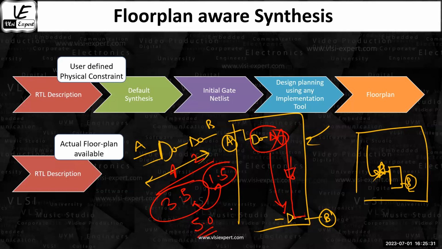And I have a 1 nanosecond, that 1 nanosecond is going to be considered as part of the wire delay. So that means now you're optimizing your circuit. And that is the importance of this particular floor plan aware synthesis.